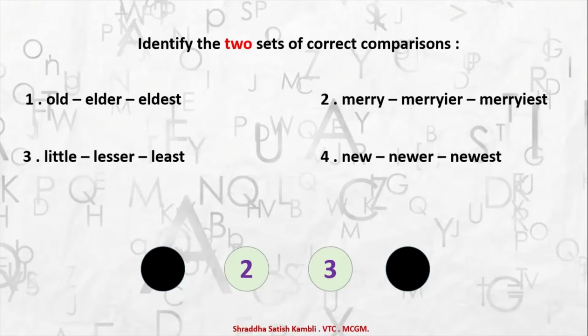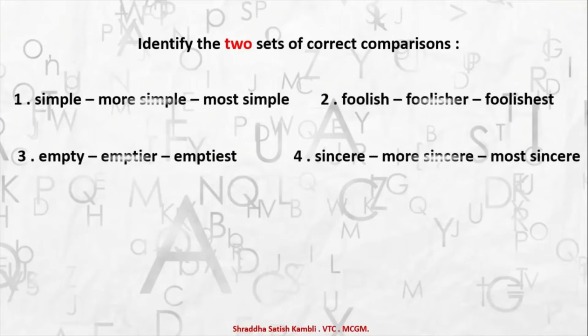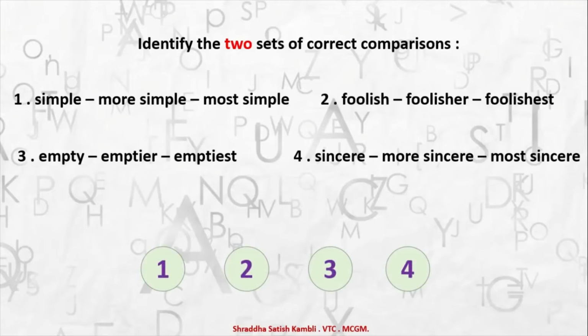Alright, let's move to the next example. We have simple, more simple, most simple. Foolish, foolisher, foolishest. Empty, emptier, emptiest. Sincere, more sincere, most sincere. Which two do you think are right? The third one, empty, emptier than, the emptiest, is the first set which is right.